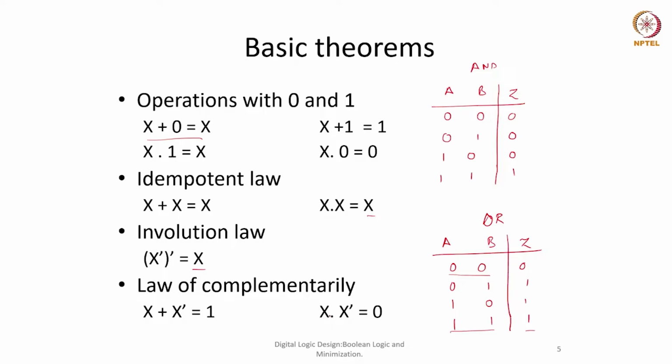And if I AND x with the inverse of itself, or basically not of itself, then the output is 0, because if this is 1 then this will become 0, or if this is 0 then this will become 1. The output is this combination, which means the output is going to be 0.